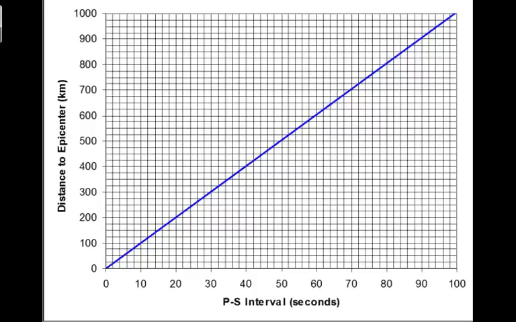So in the example, we found the difference in arrival times between the P and the S waves was 36 seconds. We find that that 36 seconds corresponds to a distance to the epicenter of about 365 kilometers.